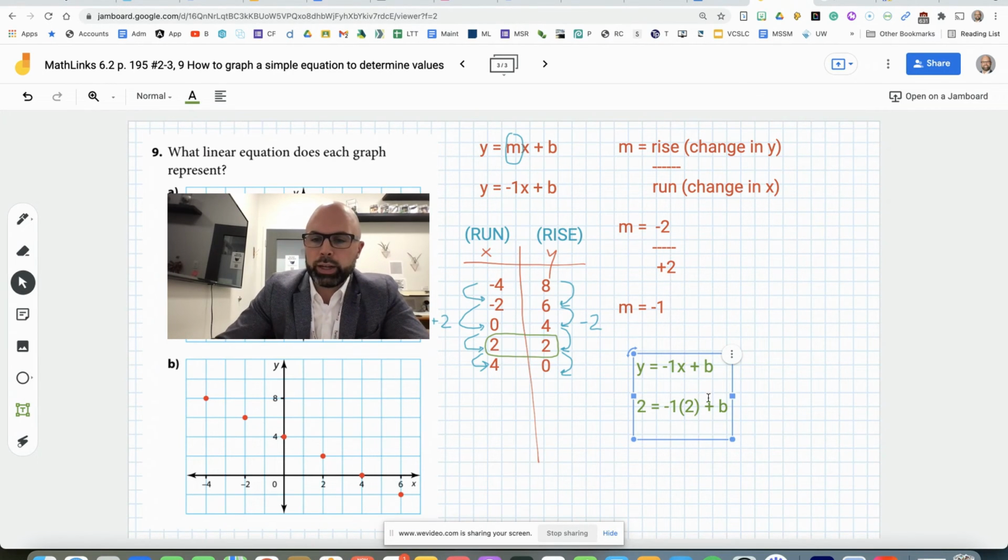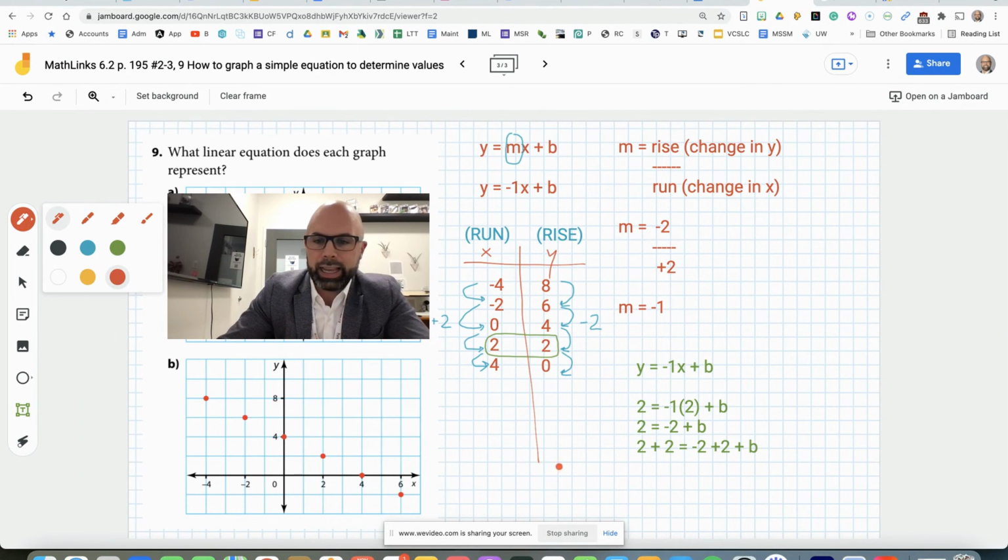Then we want to get rid of this business. So I'll take this one row at a time. -1 times 2 is -2 plus b. And then to get rid of the -2, I'm going to add 2 to both sides. -2 plus 2 plus b. I'm just going to slow down for a moment to show you exactly what I did there. I added 2 to both sides. So I added this +2 and I added this +2.